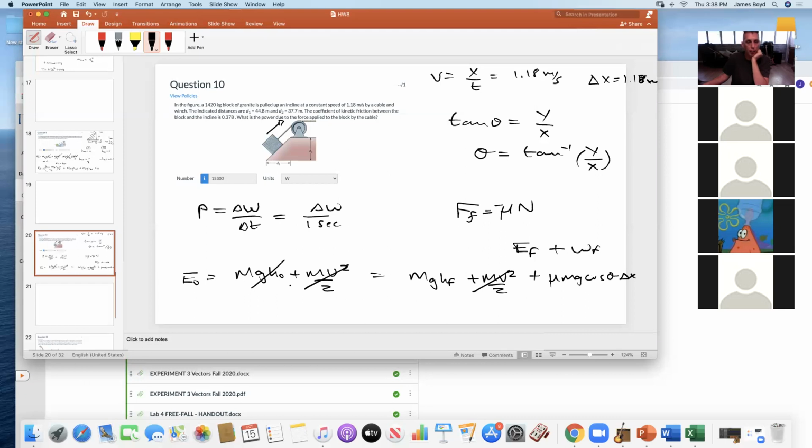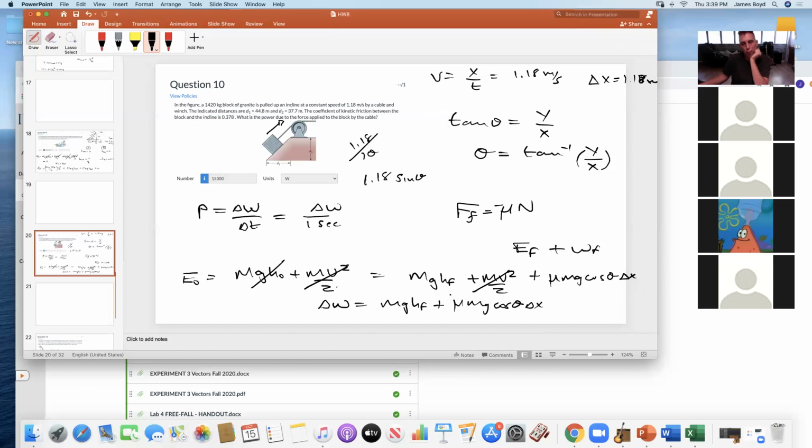So what is that final height? Well, you can find that because you know this is 1.18 and you know this angle, and therefore 1.18 sine of the angle will give you h final. That is your change of work, is mgh final plus mu mg cos theta delta x.